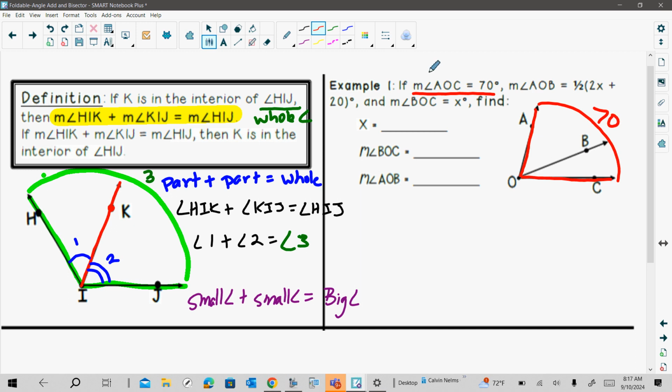So AOC is our whole angle. I'm just making sure you know what that part represents. Label it on the diagram. Then if you go here, it says the measure of AOB is one half of 2x plus 20. So if I'm looking at A to O to B, in this part here, I'm putting that expression, 1/2 parentheses 2x plus 20.